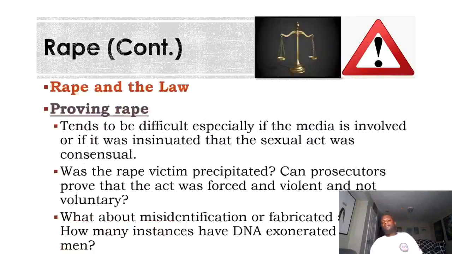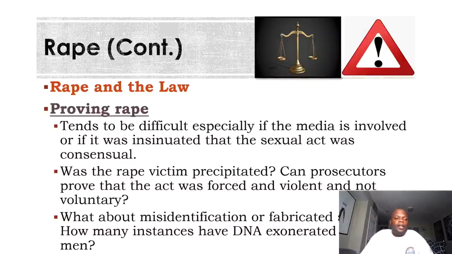So proving rape can definitely be difficult. The media, when they're involved, we already know that when the media gets wind of it, you're dealing with the media circus that comes with the territory. You're also dealing with the fact that what if it was considered consensual? We commonly hear that when it comes to celebrities and people in positions of power. Well, this was consensual.